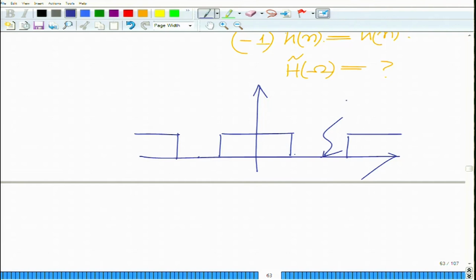So, this is pi, this is minus pi, and this is omega c, the cutoff, and minus omega c, and this is your magnitude H of omega, and this is omega.